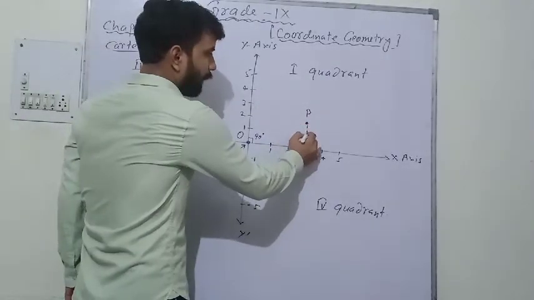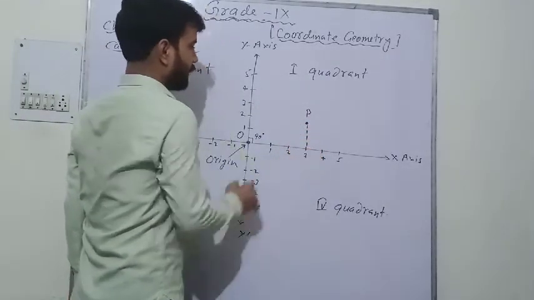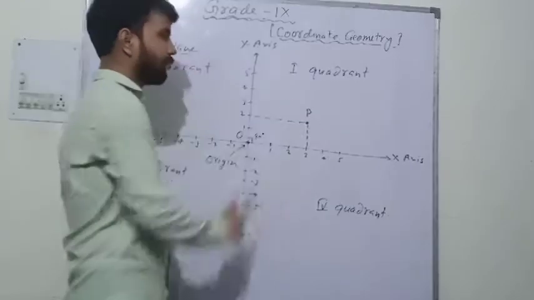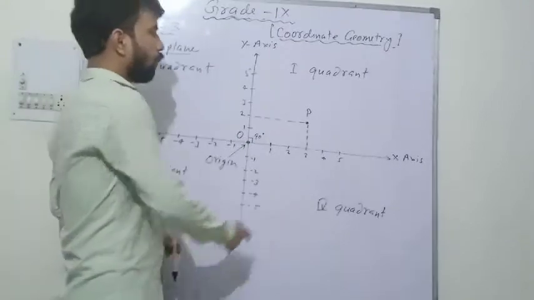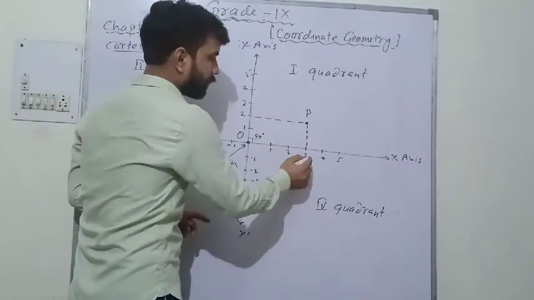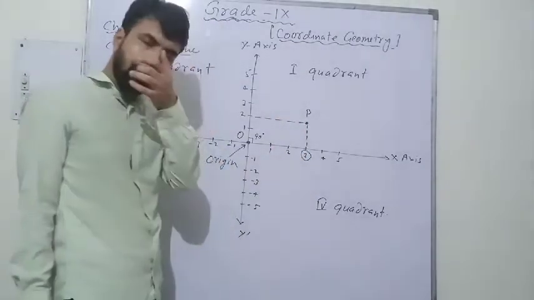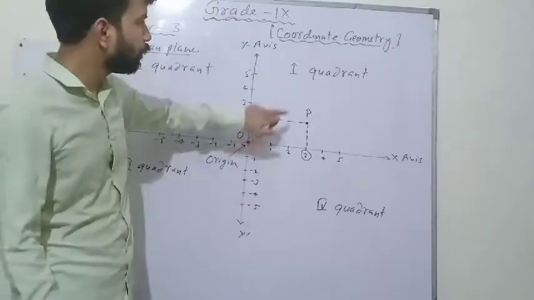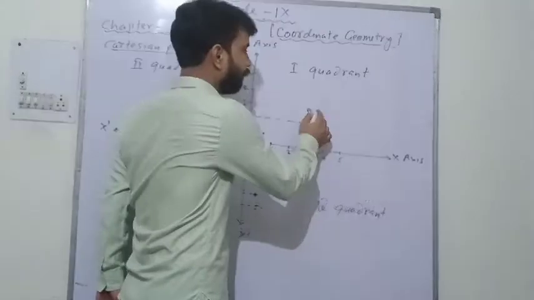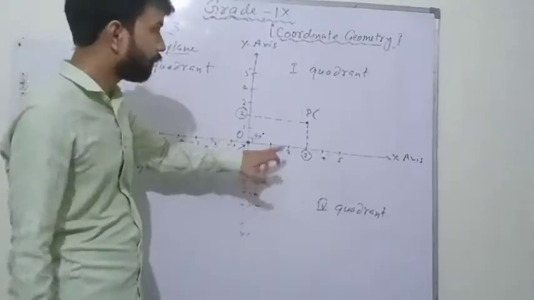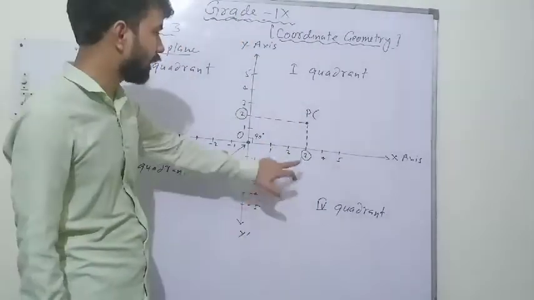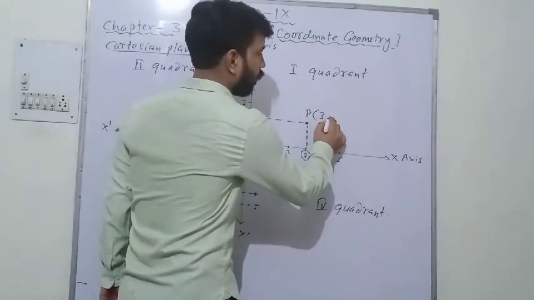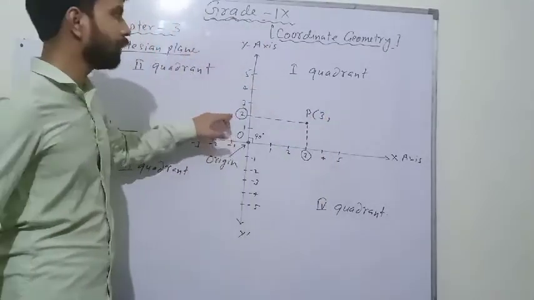So see, on the x-axis this point is 3 and on the y-axis this point is 2. So the position of this point will be denoted as, first we write the x point, 3, comma, the y point, 2.